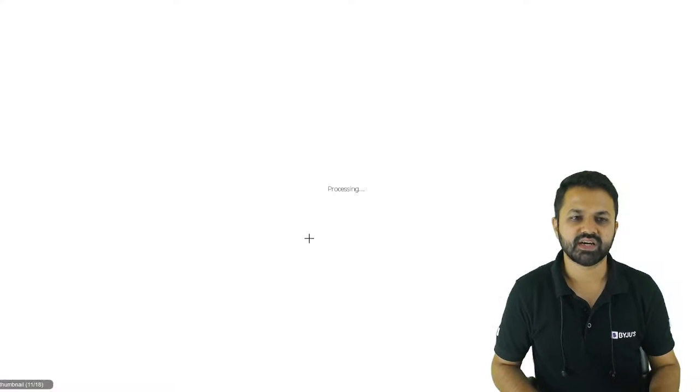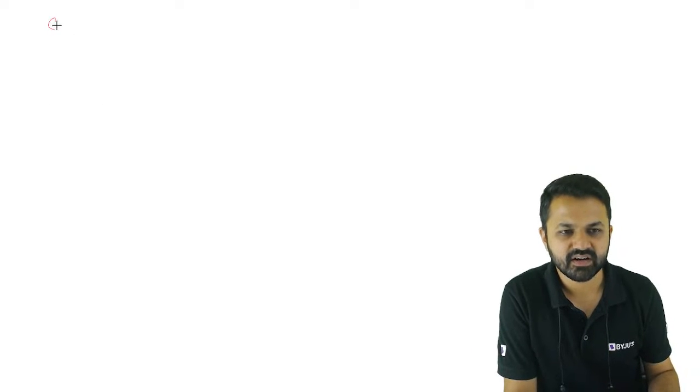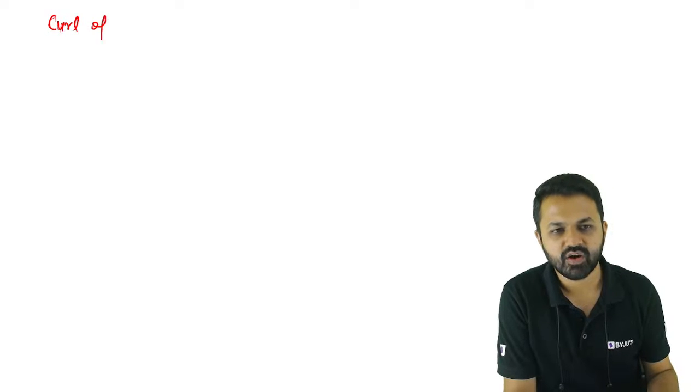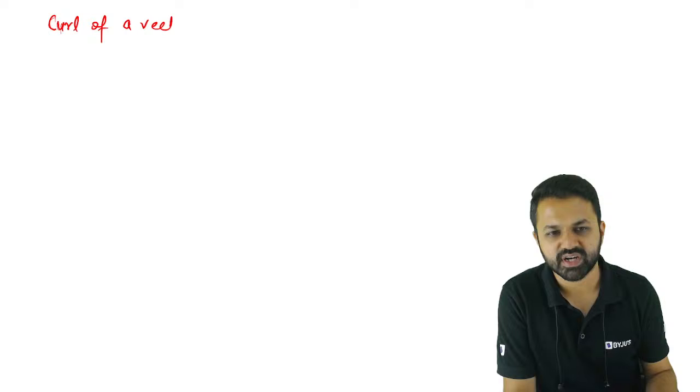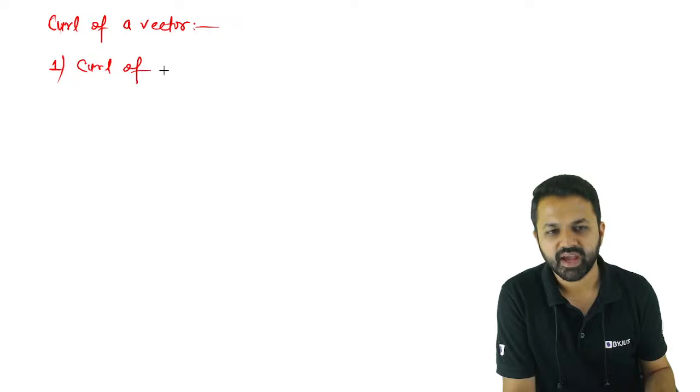Okay, so this is the divergence theorem. Now coming to the next, which is the curl. To write the curl, again I am giving you the same trick. Let's write the curl of a vector. We always calculate the curl of a vector. So the first thing you should know about the curl: the curl of a scalar is invalid.